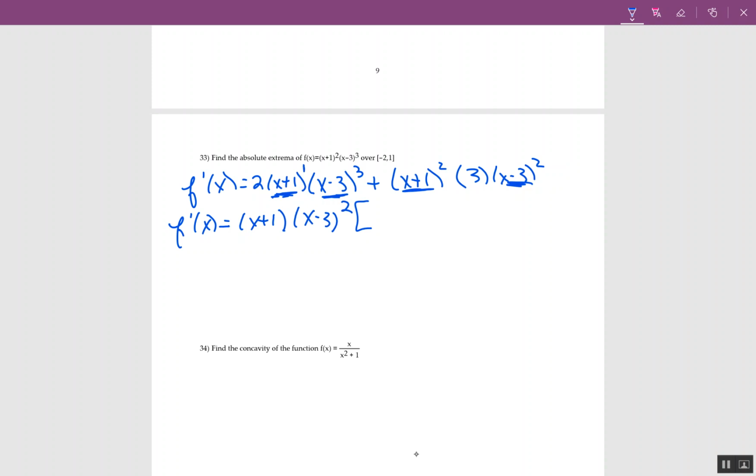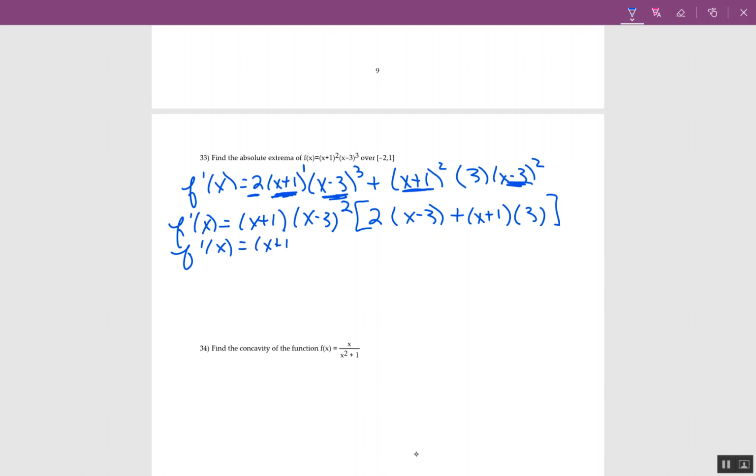Okay, so now I look at each term. I still have this 2 here. X plus 1, I've taken that out. X minus 3, I took 2 away, so there's 1 left. Same thing on this term, the (x plus 1) squared, I took 1 x plus 1 away, I have 1 left. I still have the 3, but this (x minus 3) squared has been taken care of.